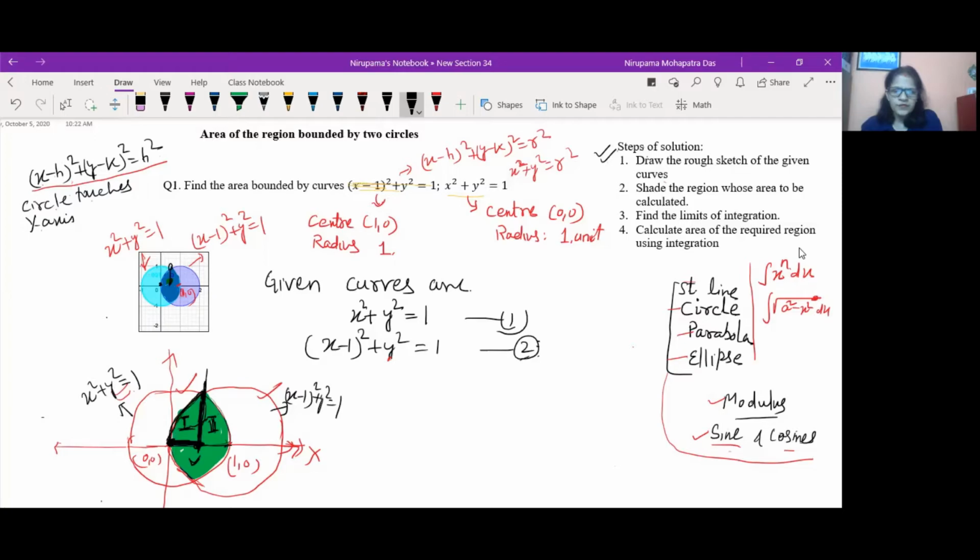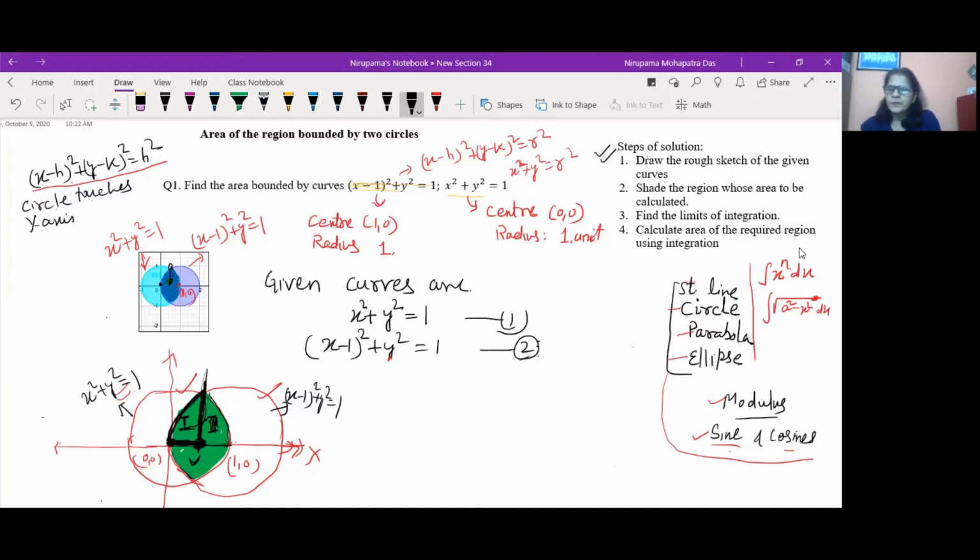This curve, that is (x minus 1) whole square plus y square equal to 1. Similarly, the second part is bounded by the circle x square plus y square equal to 1. Now, for the middle partition, this vertical line, what is x? Let's find out. That will give us the limit of the function.